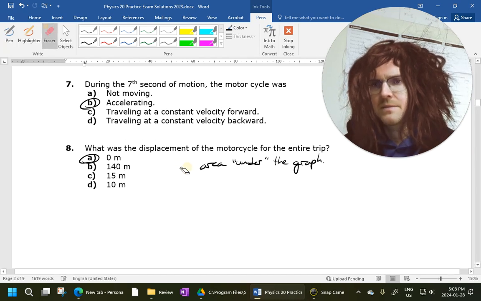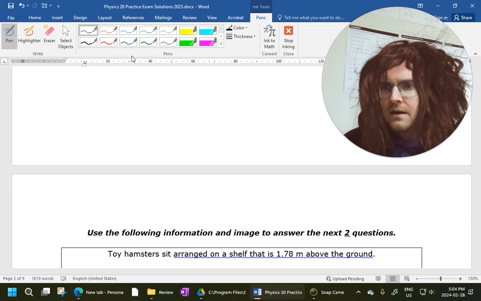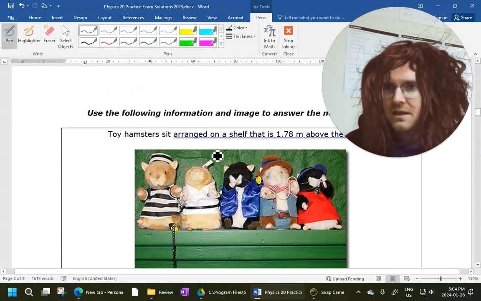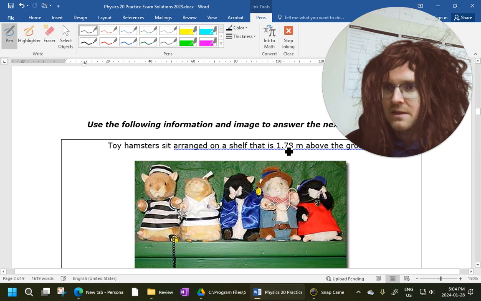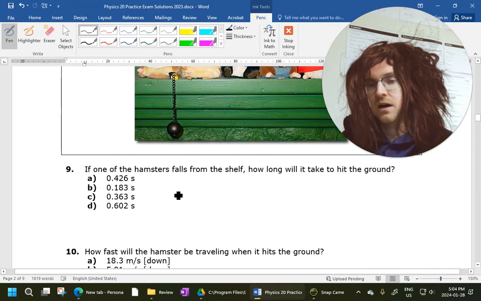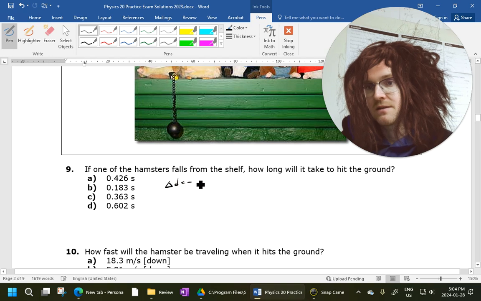Okay, let's keep on going here. Let's use the following information for the next 2 questions. We've got hamsters sitting on a shelf that's 1.78 meters above the ground, and one of the hamsters decides to fall off. So the hamster is going to fall a displacement of negative 1.78 meters because he's falling down.